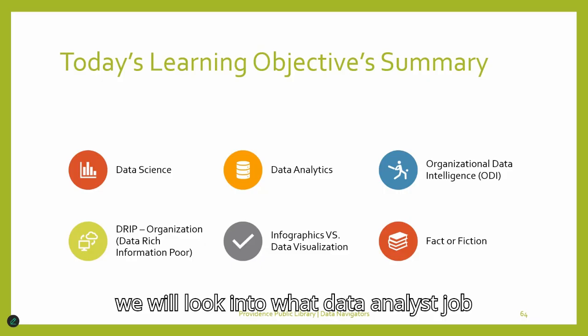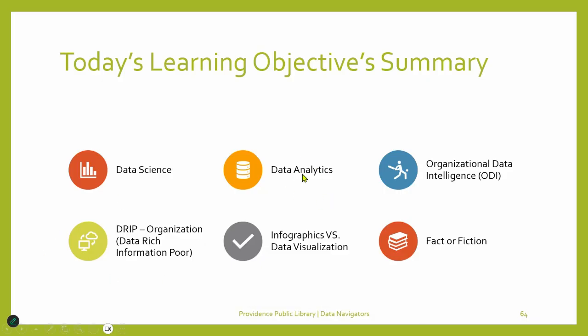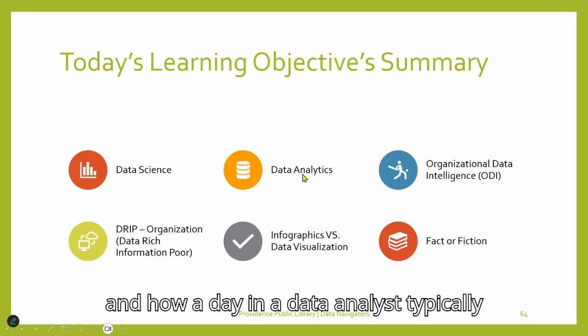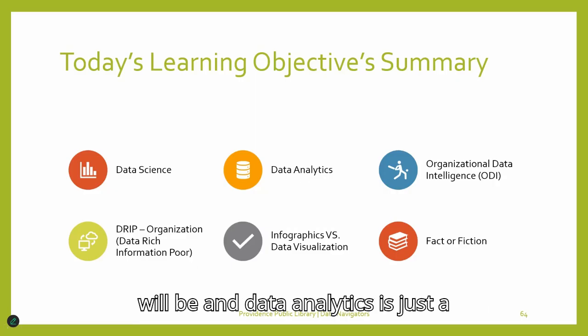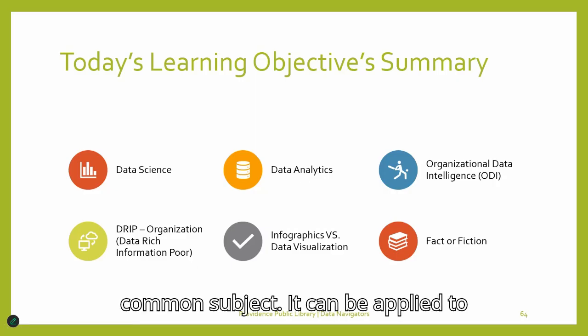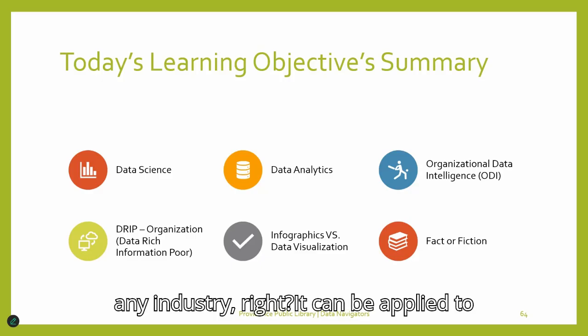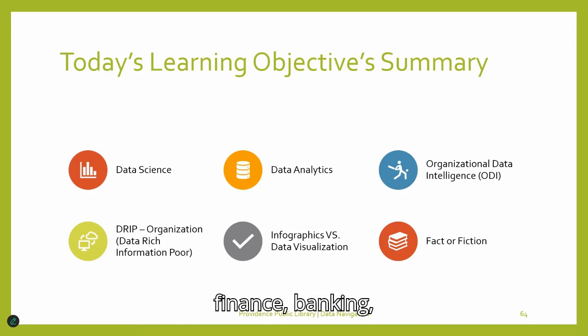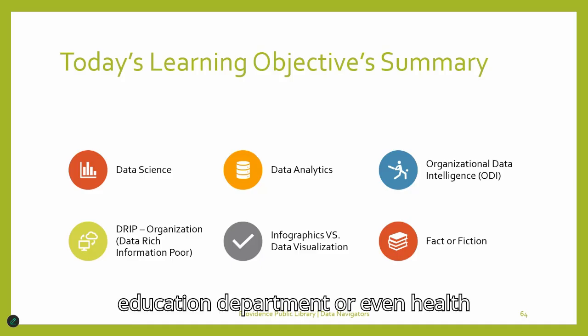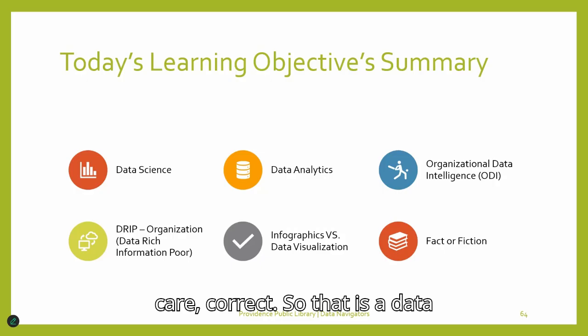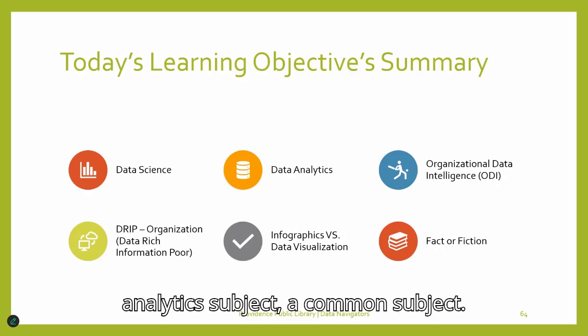Then we looked into what a data analyst's job is and what a day in the life of a data analyst typically looks like. And data analytics is just a common subject. It can be applied to any industry, right? It can be applied to finance, banking, retail, correct? Education, or even healthcare, correct? So data analytics is a common subject.